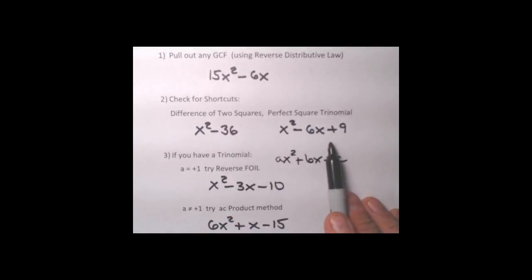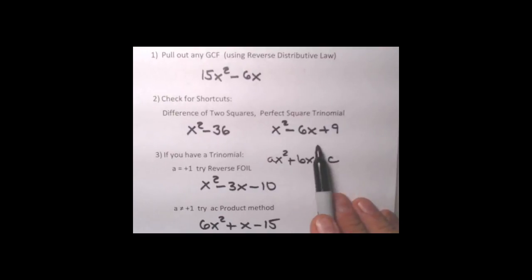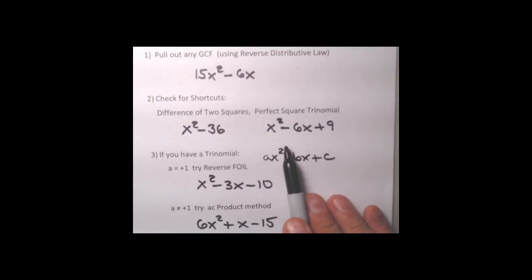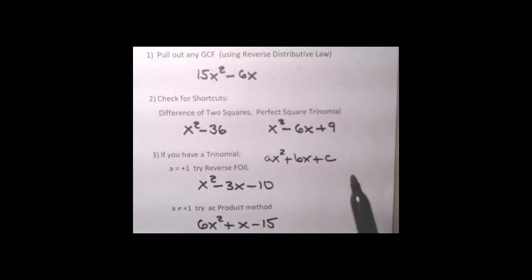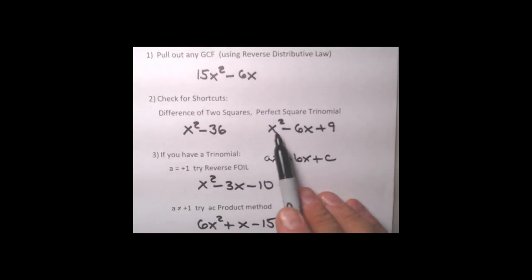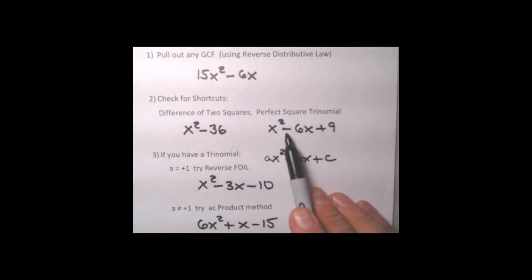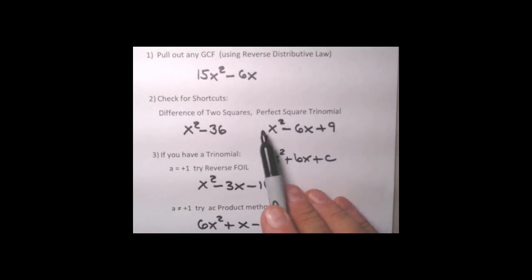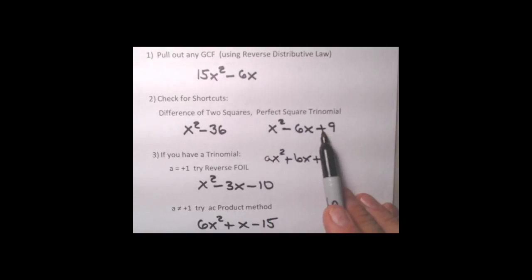Perfect square trinomials. You always want to look for these. Both of these show up more often than you'd expect, and here's what you'd always take a quick look at when you have a trinomial. Do the first and last terms have nice square roots? Well, of course, the square root of x squared is x, the square root of 9 is 3. And are they both positive? Okay, that's the first part of the test.